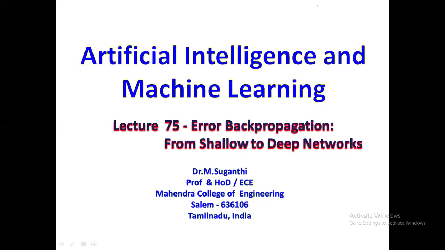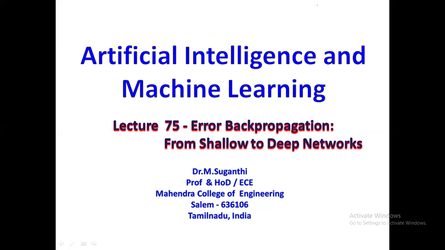Today, we will explore an essential concept that powers the learning process in neural networks, that is error propagation, particularly how it operates from shallow networks to deep networks. This topic lies at the heart of training intelligent systems, allowing models to learn from mistakes by adjusting weights layer by layer.